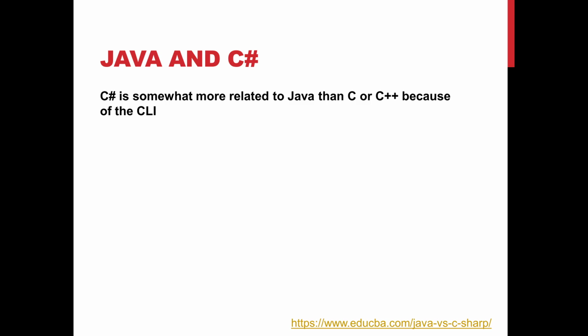So to compare with Java, Java has been used in enterprise applications for years, but C Sharp is obviously newer than Java, and I think it has recently been gaining momentum in development and usage because of the open sourcing of it.